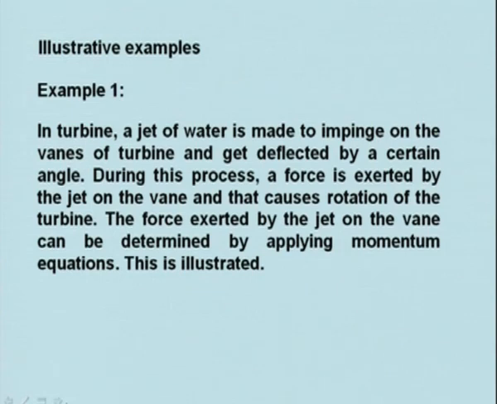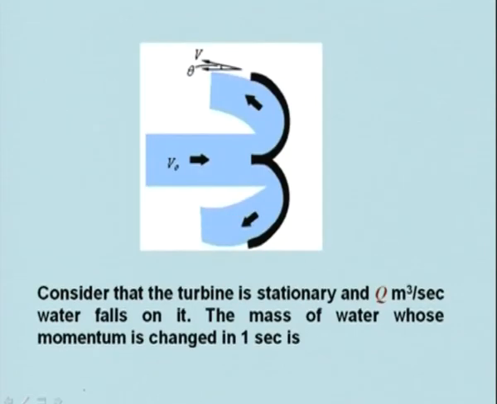Now, we give some examples. Let us take one example of these principles. Now, one example is from a turbine. This is a turbine bucket. Suppose in the beginning it is stationary, and you have a jet of water impinging with velocity V0, and it gets deflected.